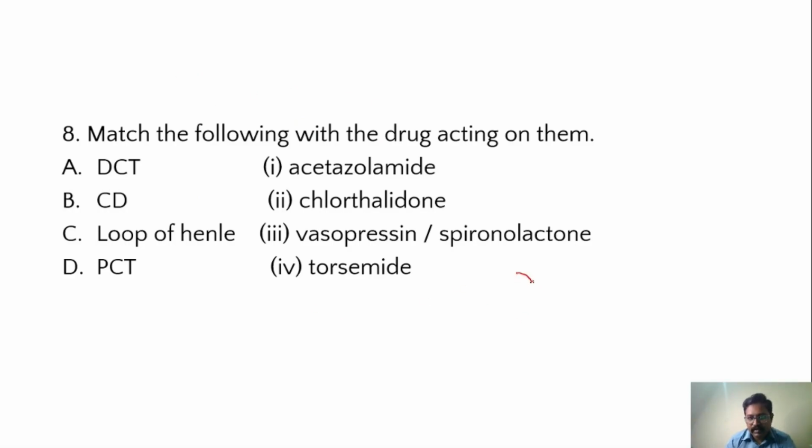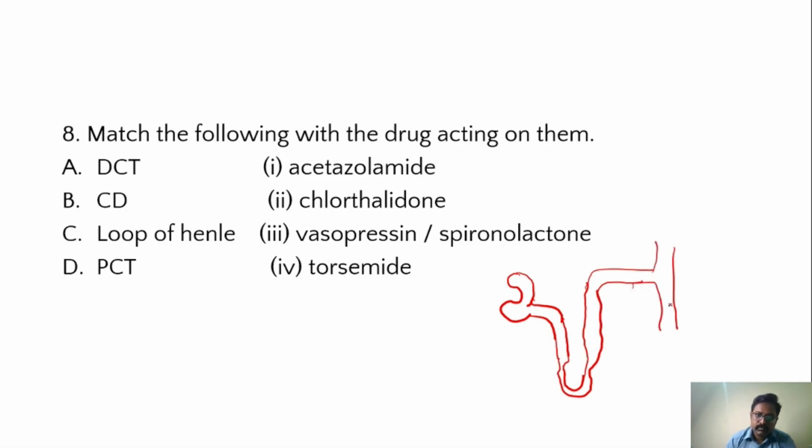So if you draw a glomerulus, okay, this is the proximal convoluted tubule, this is the loop of Henle, this is the distal convoluted tubule, and this is the collecting duct.